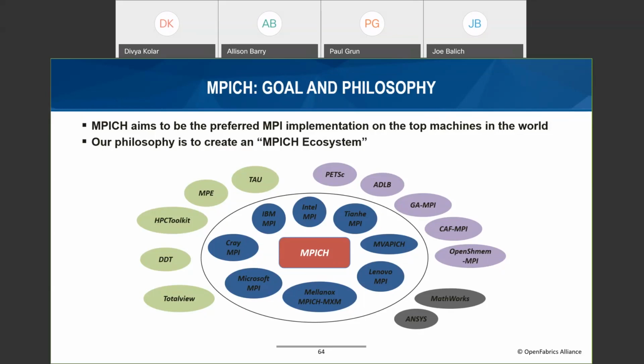Outside of that, we also have a close collaboration with the application teams and, as you see here, the scientific library teams. It has essentially become a big MPICH family. So next, please.